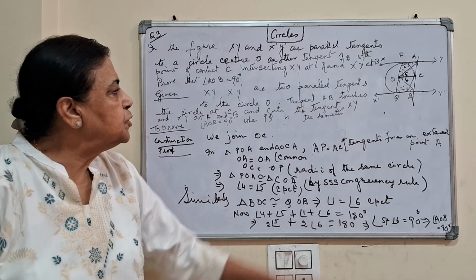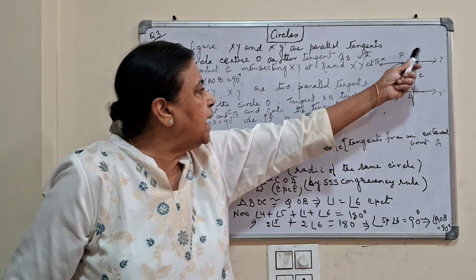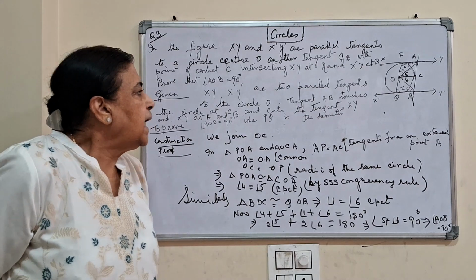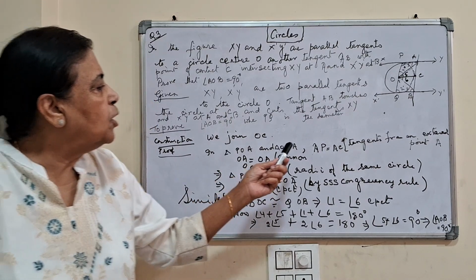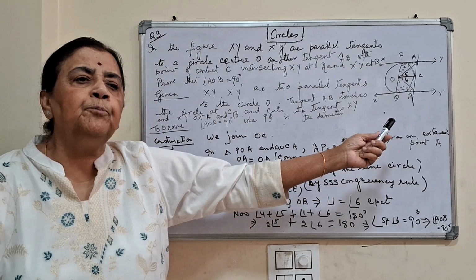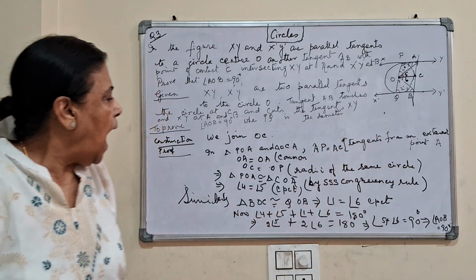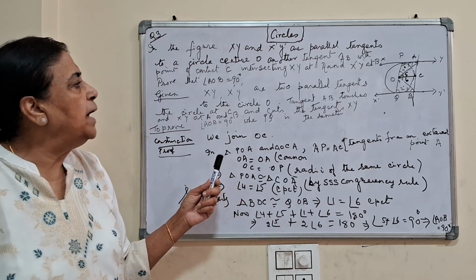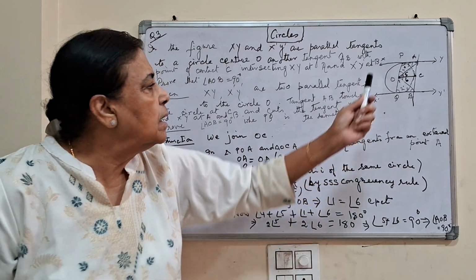We join OC. In triangles OPA and OCA, AP is equal to AC, because tangents from the external point A are equal. And OA is equal to OA, common, and OP is equal to OC, radii of the same circle.